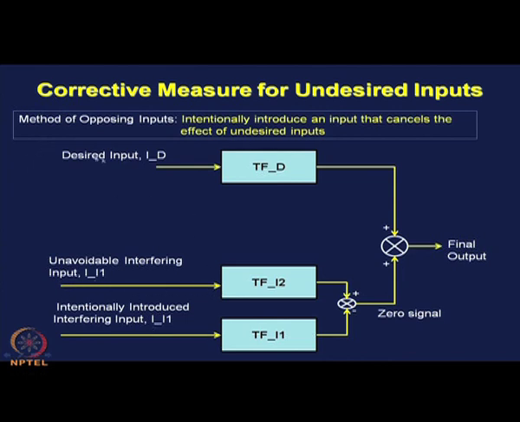So, we have a desired input signal, we have an interfering input signal which is undesirable, which is unavoidable, but we intentionally introduce another interfering input signal, and we choose this signal such that the effect of unavoidable interfering input signal and the intentionally introduced interfering input signal cancels each other out.